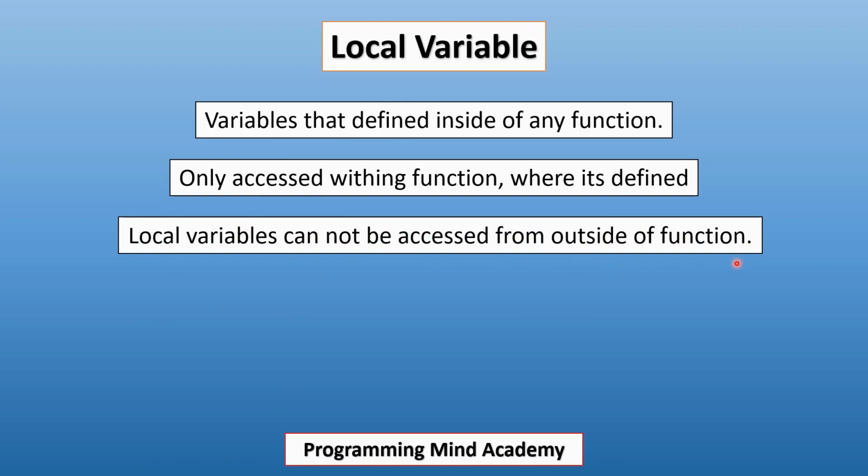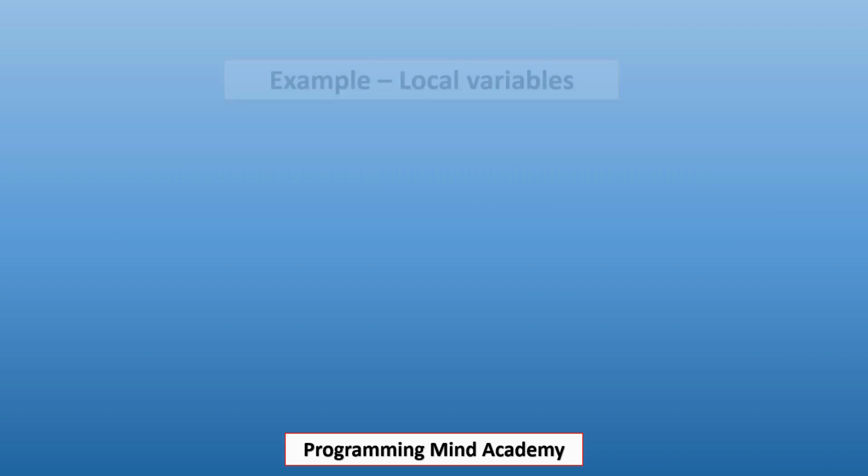As we have seen, a global variable can be accessed outside of a function or anywhere in the program, but local variables cannot be accessed from outside of a function. They can only be accessed within the function where they are defined.